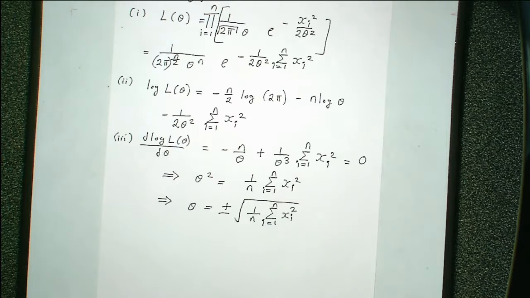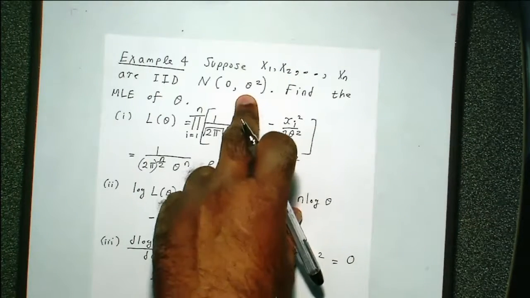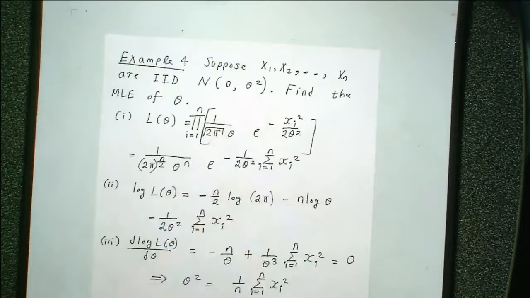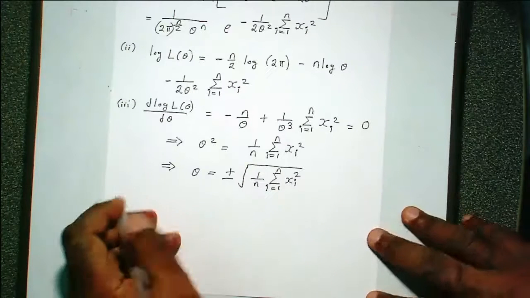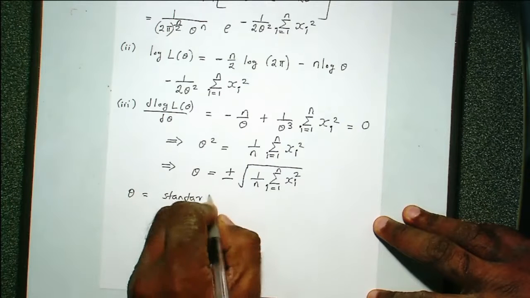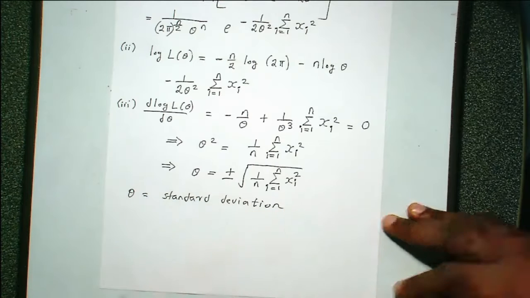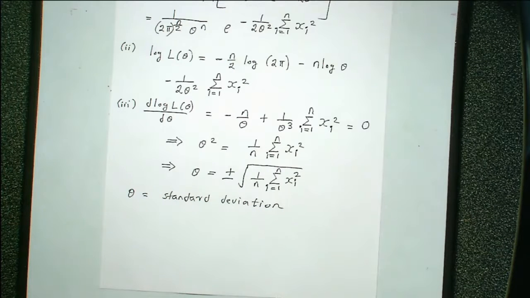Now, what does theta represent? Look at the question here, guys. You have a random sample from a normal distribution with 0 mean and variance sigma squared, right? So theta represents the standard deviation, right? Standard deviation by definition must be positive.